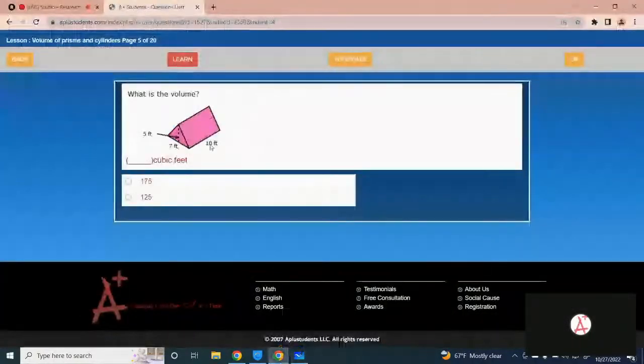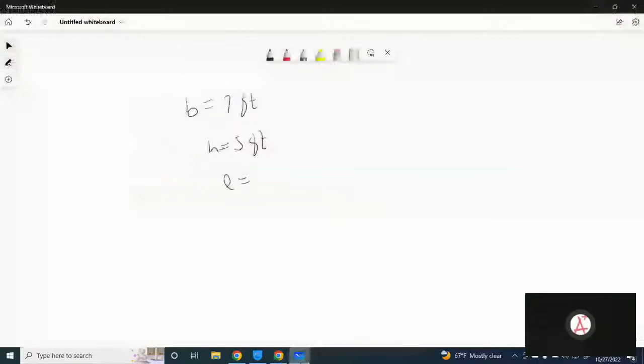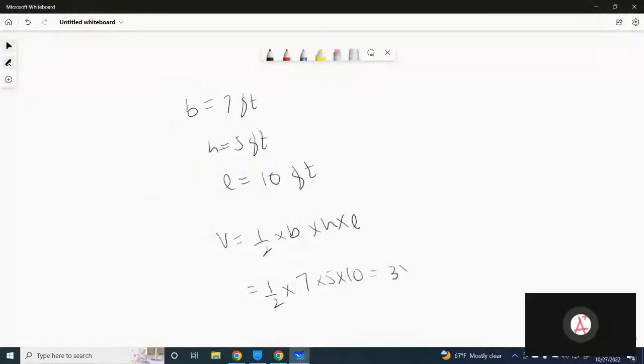This one is the length. So you have to find the volume. So volume is half times base times height times length. Just put all the values: 1 by 2 times 7 times 5 times 10. 7 times 5 is 35, 350 over 2 is 175. Got it?